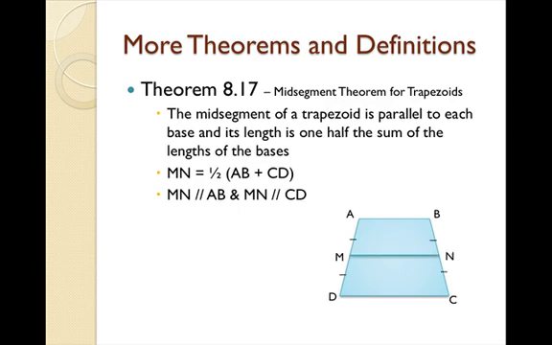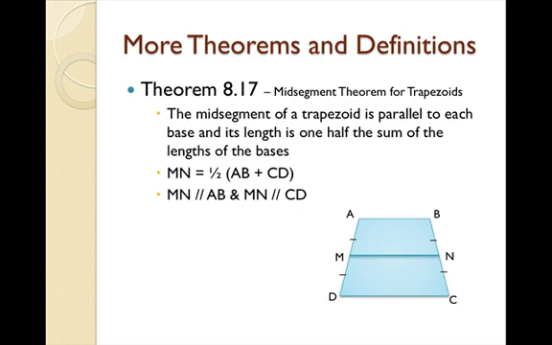So let's take mid-segment MN. You can see it just popped up on our trapezoid there. MN equals 1/2 of AB plus CD. And according to the theorem, MN is parallel to AB and MN is parallel to CD.